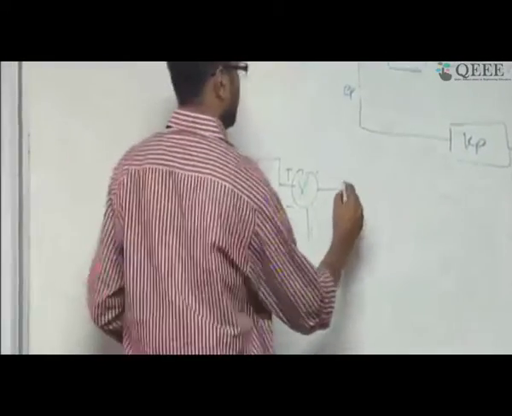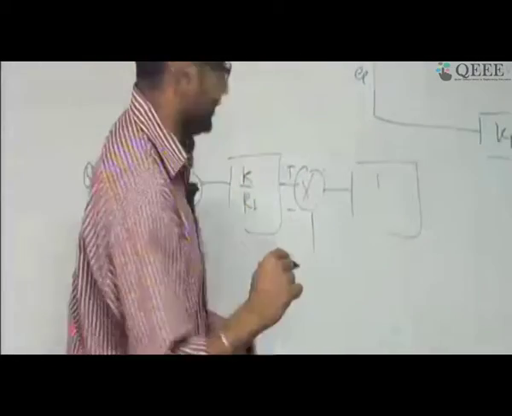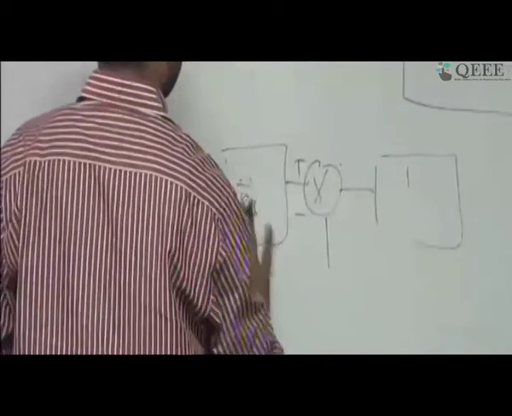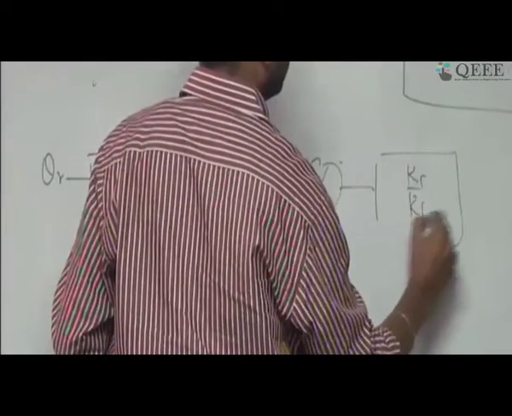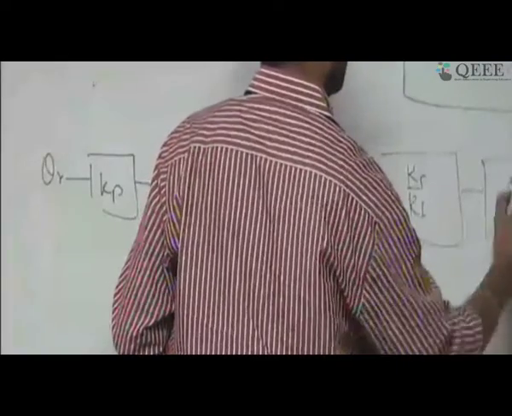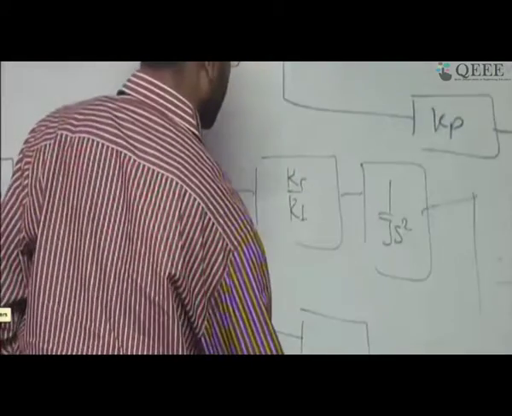Here K is a proportional constant, and this K by Rf I am writing as Kt by Rf, then 1 by J s squared, and here I am using an s Kt term.